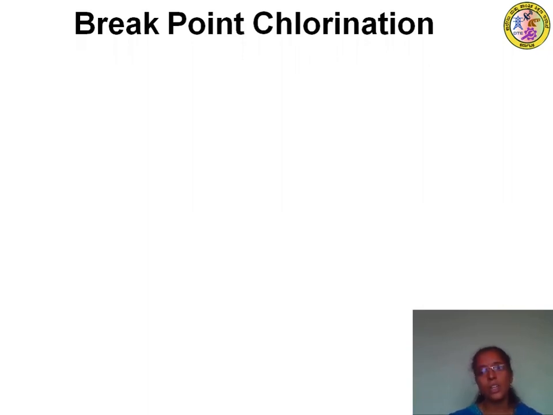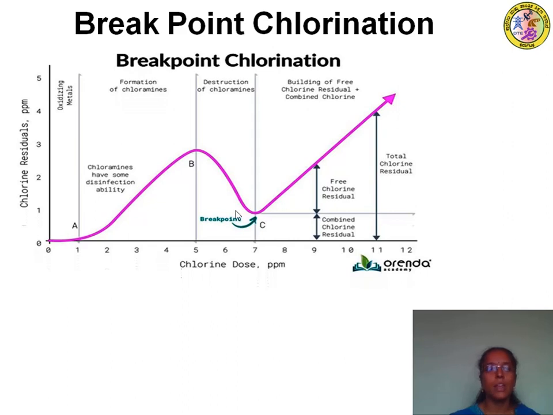Breakpoint chlorination is explained with the help of a graph wherein the x-axis is chlorine dosage and the y-axis is chlorine residuals, or residual chlorine. Both are represented in milligram per liter or ppm. For a water sample, when you apply chlorine in any form, initially some portion will be utilized for the oxidation of metals.